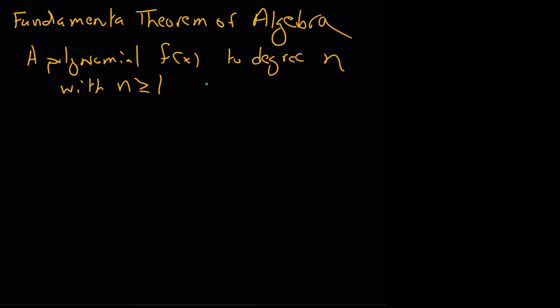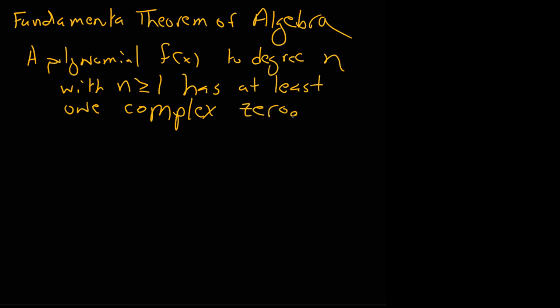And so what this is saying is it has at least one complex zero. So as soon as you have degree n, you get complex numbers. Remember, our complex number has a real part and an imaginary part.